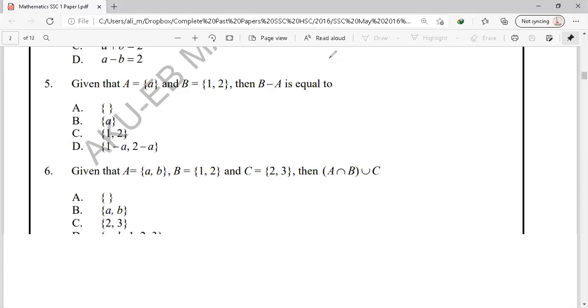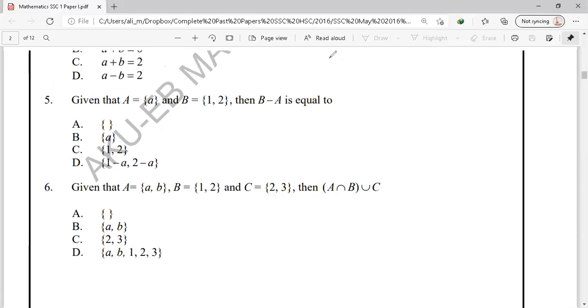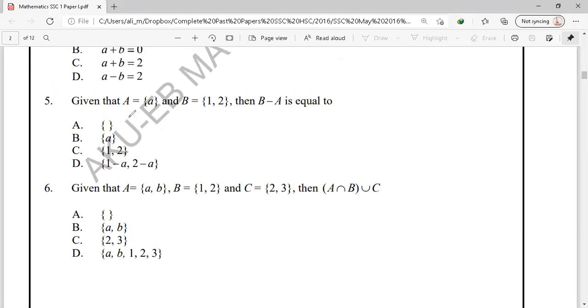Then we have question number 5 and question number 6. In question number 5, we have two sets A and B, and we have to find the difference of these two sets, B minus A. As we can see, we have two sets that are disjoint and there is no element common between them. Two disjoint sets are those in which their intersection is always an empty set.